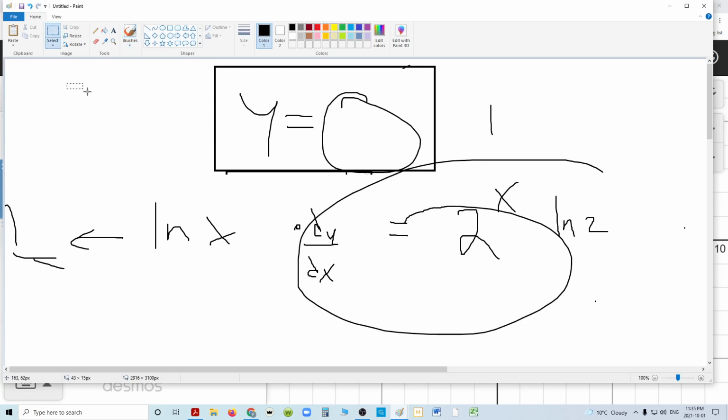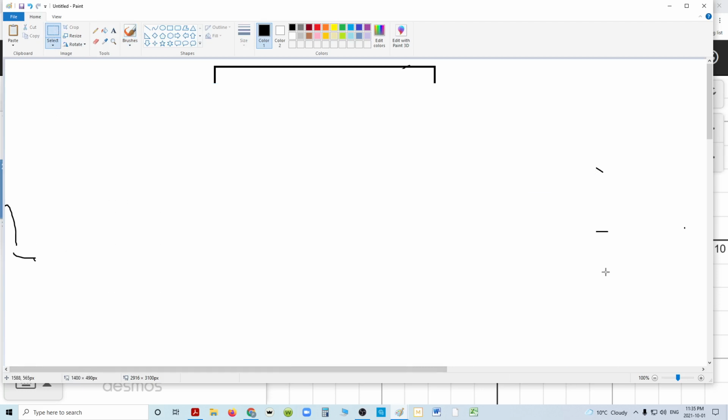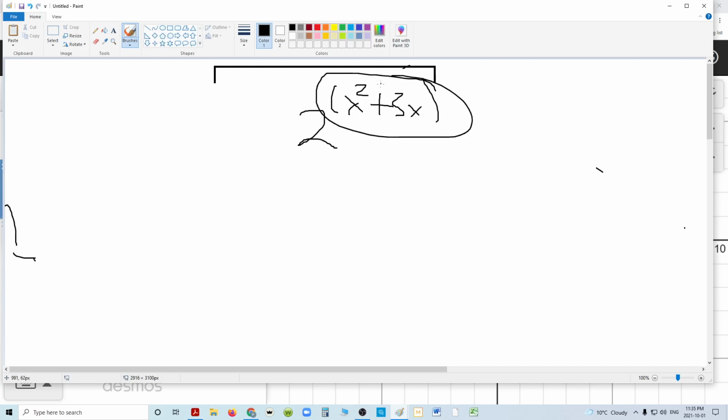And it works with any exponent. The only thing I can't really get into with this is an explanation of how, if it's 2 to the x plus x squared plus 3x, in this case you have to take the derivative of what's up there.